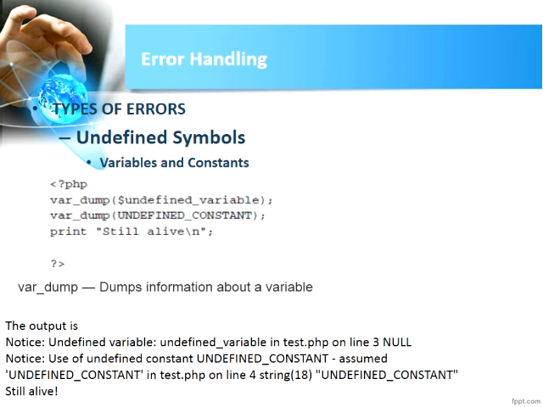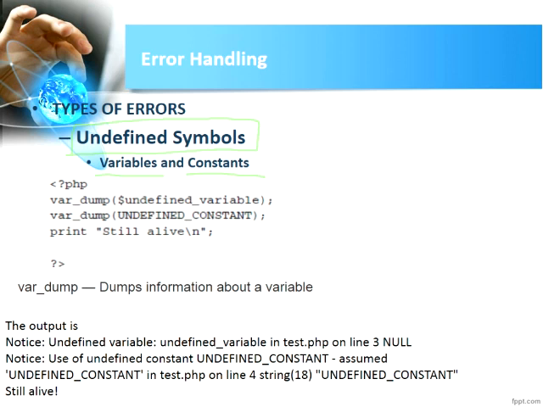Let's move to another type of error, undefined symbols. So in PHP, if we have a variable or a constant that is undefined, what are the possible errors found in PHP?